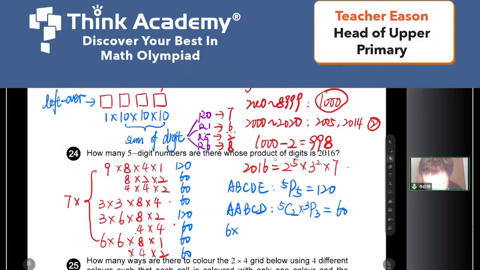So we have 6 of 60 and 2 of 120. So the total number of 5-digit numbers that can be formed would be 360 plus 240. So actually there are 600 5-digit numbers that can be formed this way.